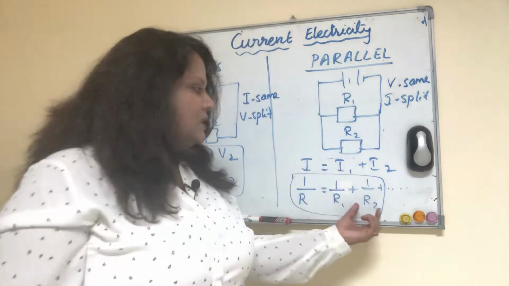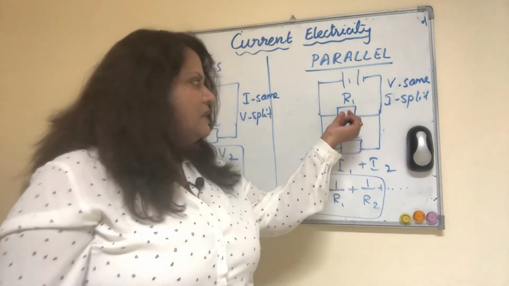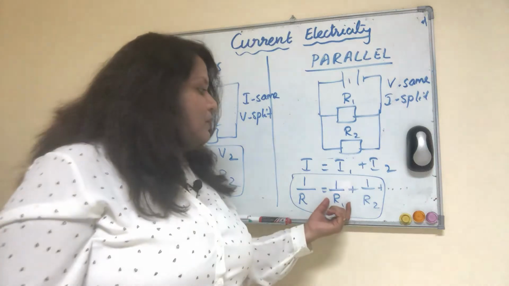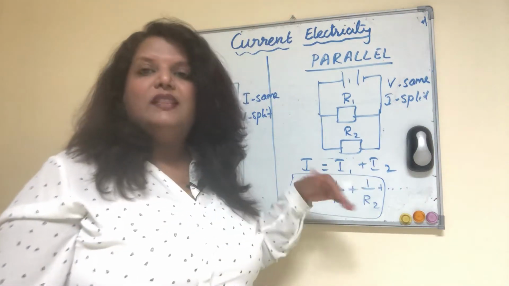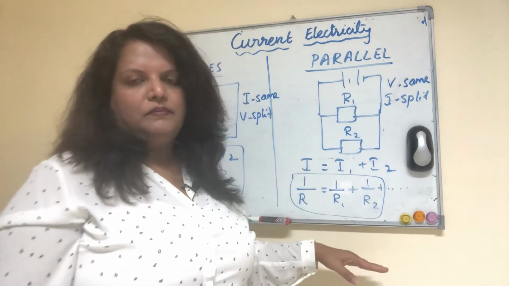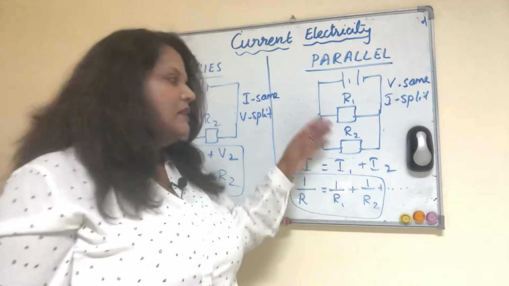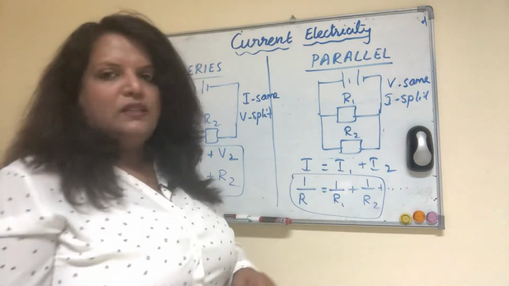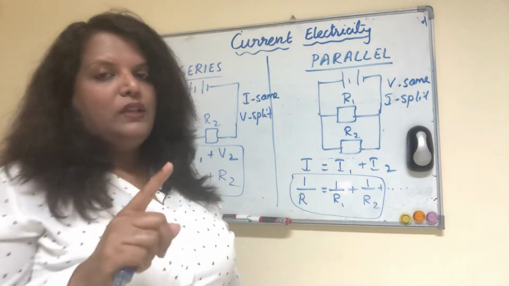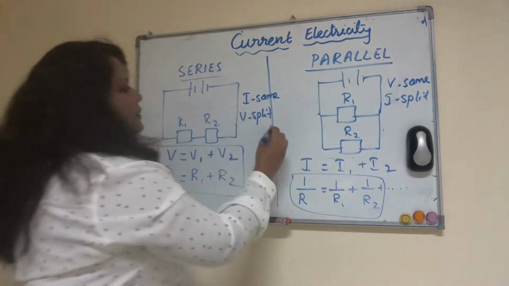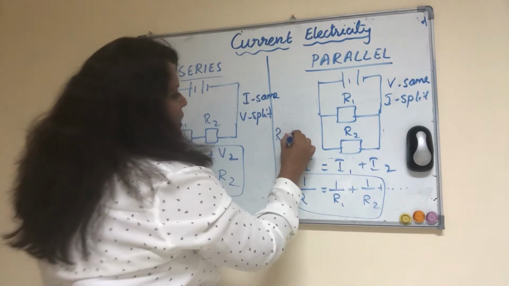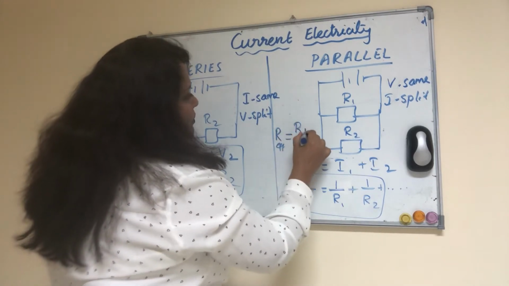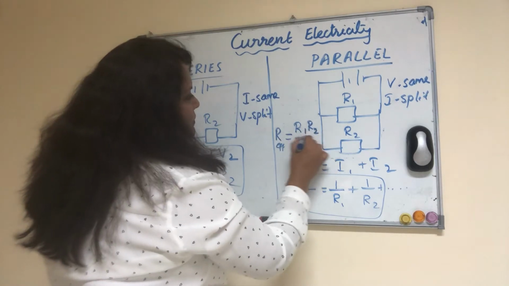When you substitute, say for 10 ohms, while finding the effective resistance, you may forget to take the inverse at the final step. When you forget that step, the rest of the calculations will go wrong. So instead of using this formula, if you only have 2 resistors, I would advise you to use the formula: R effective will be equal to the product over the sum.